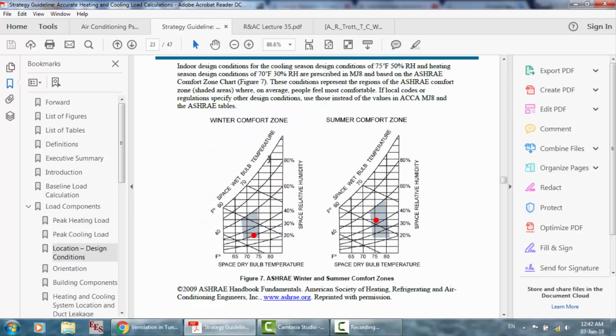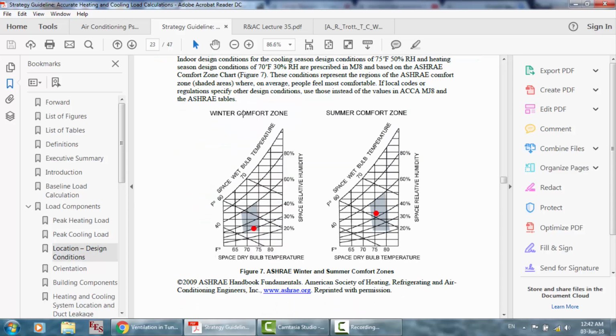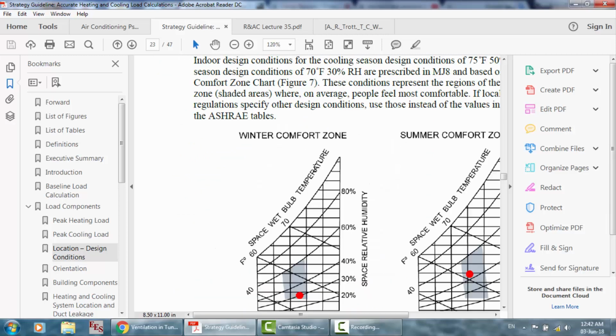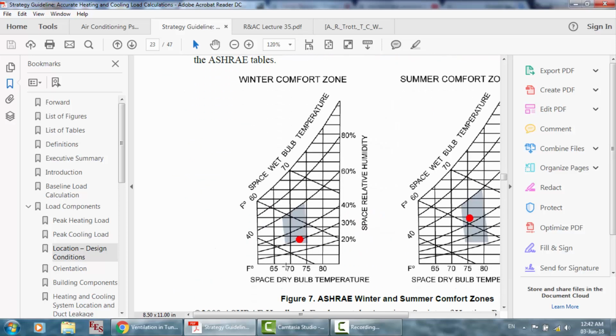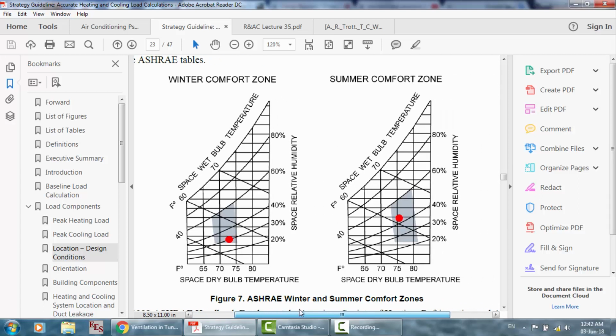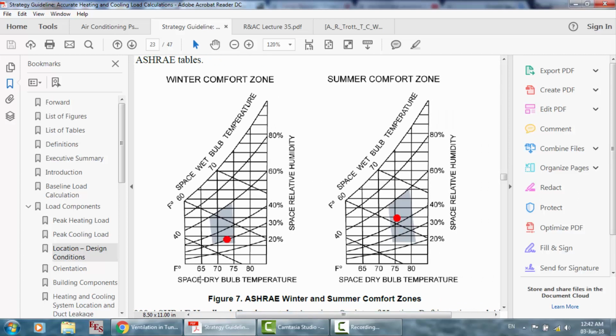It's the same procedure. We have here the winter comfort zone. So this is the space dry bulb temperature in Fahrenheit, and this is the ASHRAE winter and summer comfort zones.